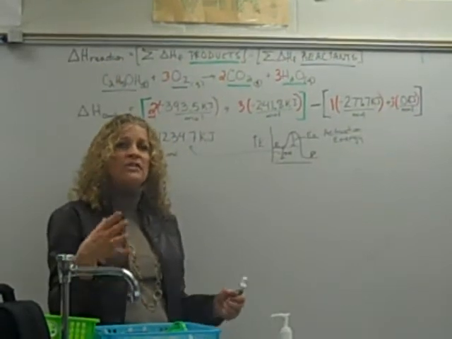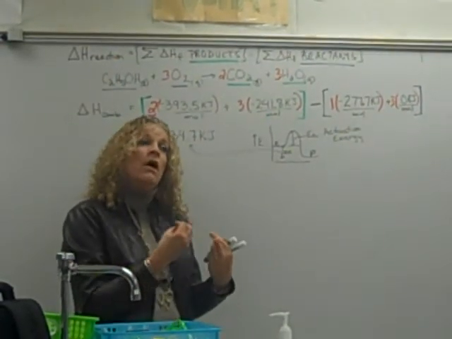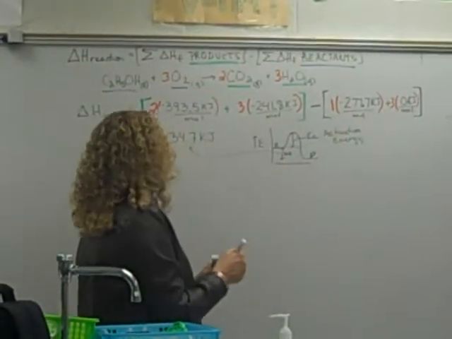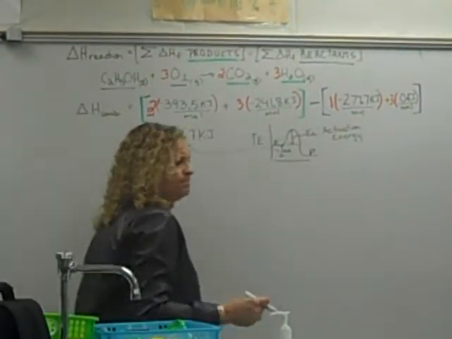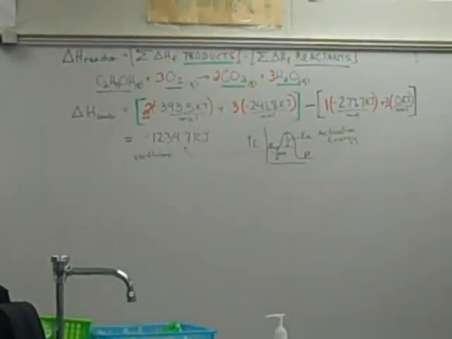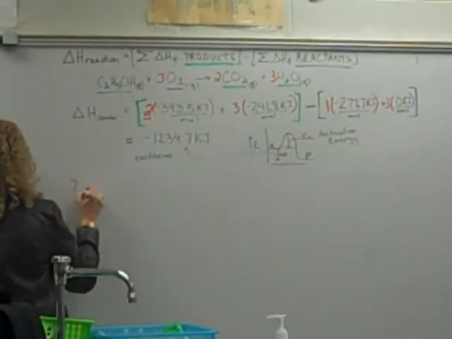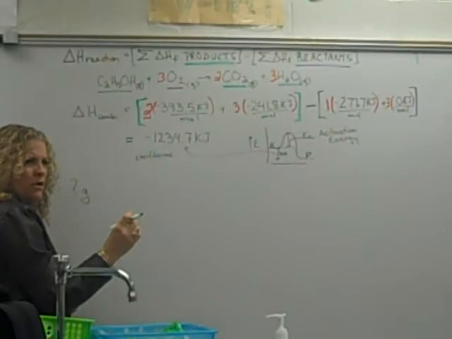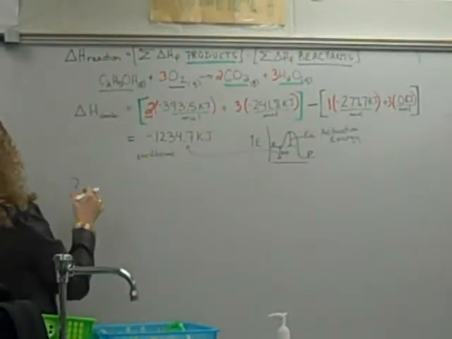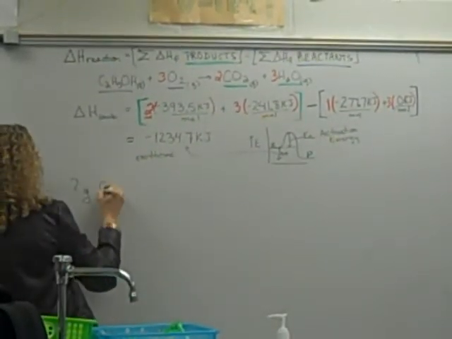Okay, so now to tackle the other part of the problem. You were asked, let me look at the basic question, how many grams of water of the gas. So we're going to change this question.